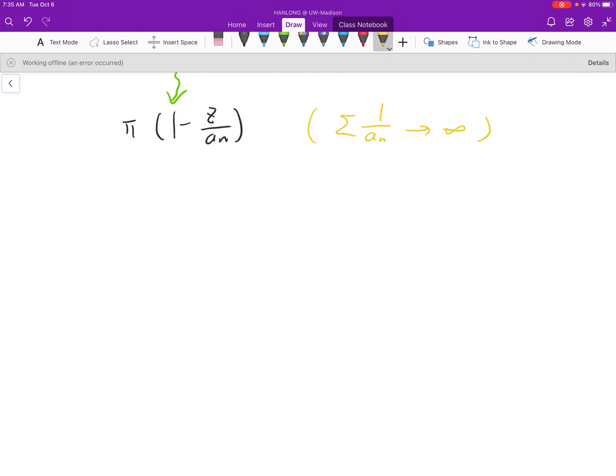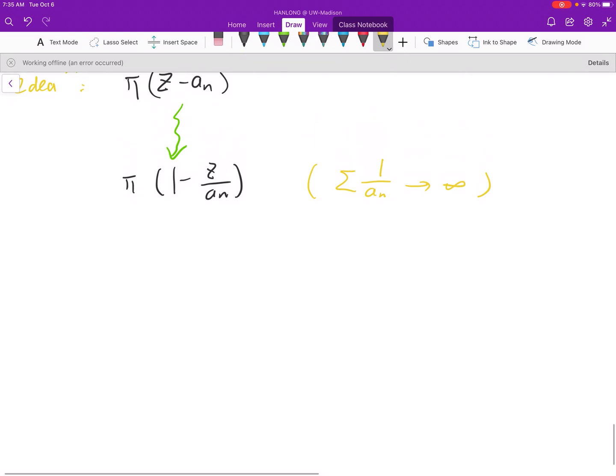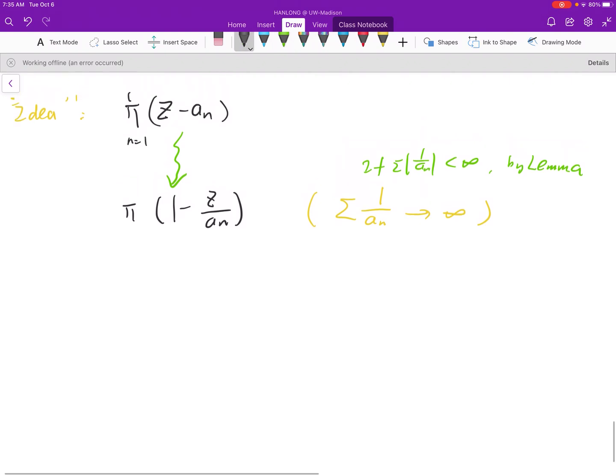Then we cannot apply the previous theorem. But we have an advantage: if the summation of 1 over an is less than infinity, then by the lemma the function is well defined. So we do have some function.